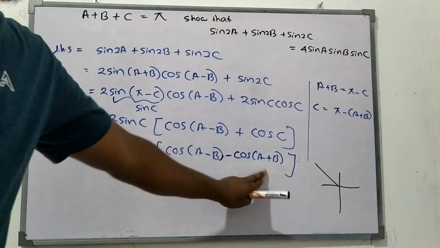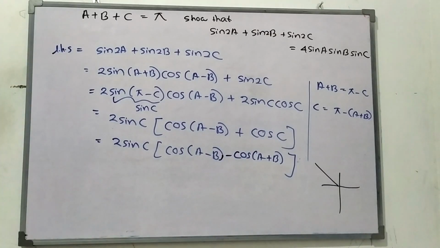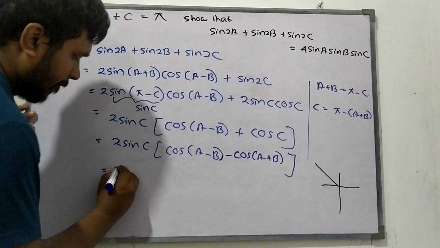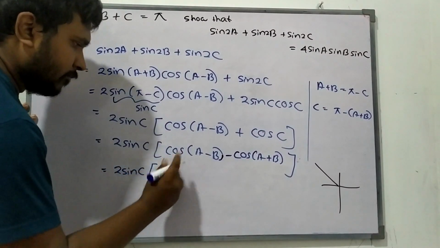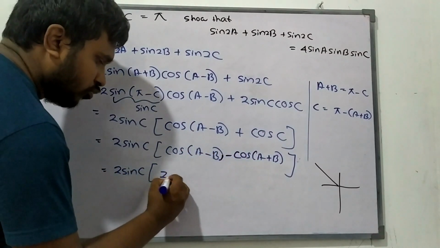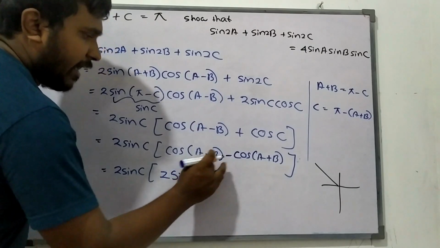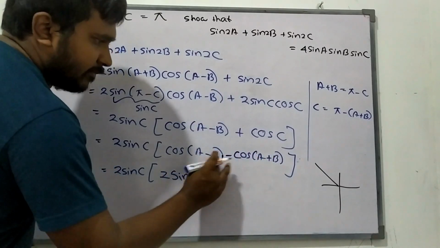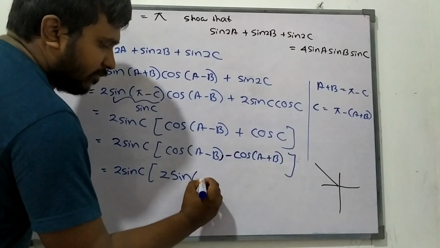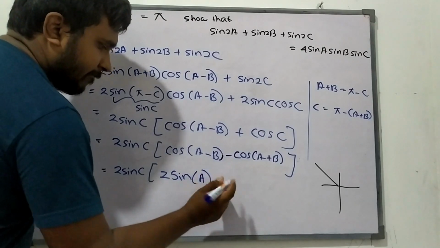So over here we can use again the cos minus cos CD formula. Cos minus cos is 2 sine of the addition of this one. The b's cancel, 2a divided by 2 means a.